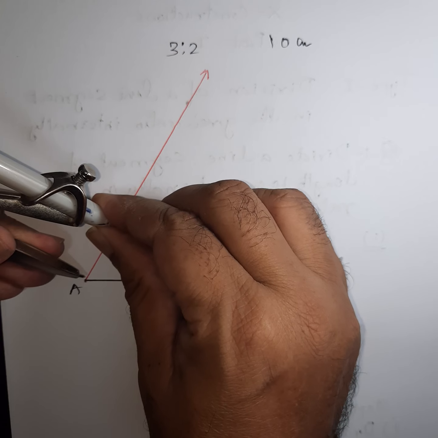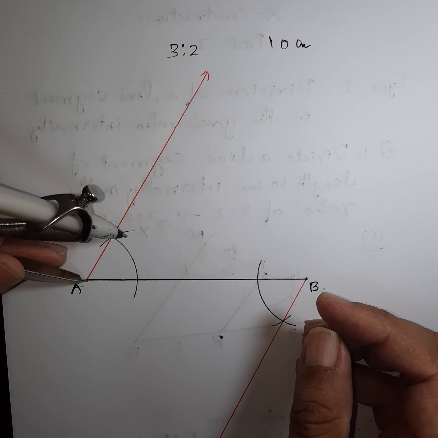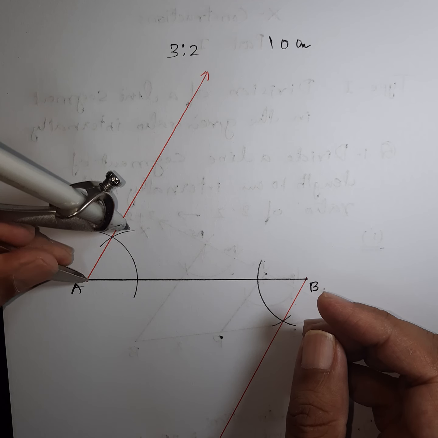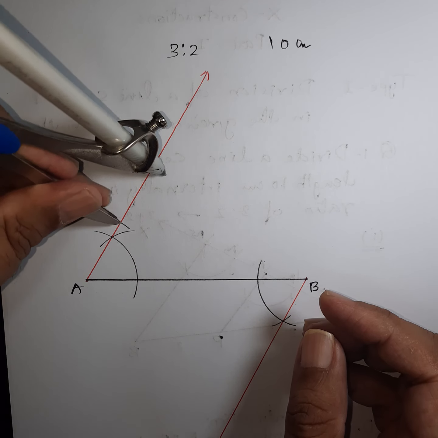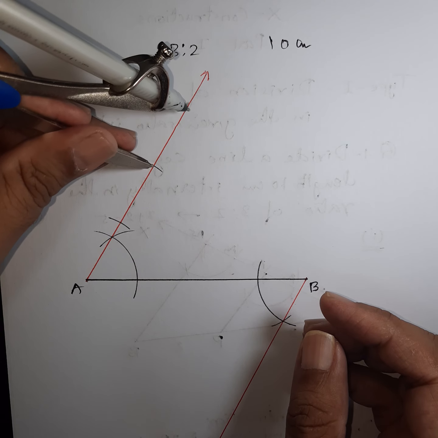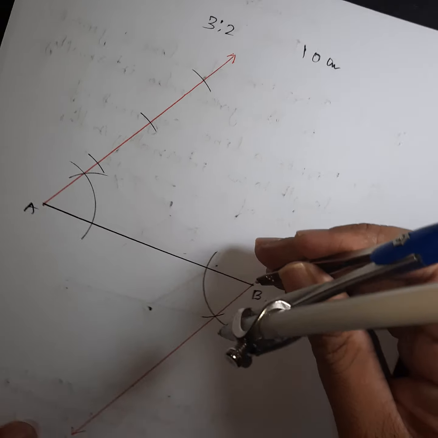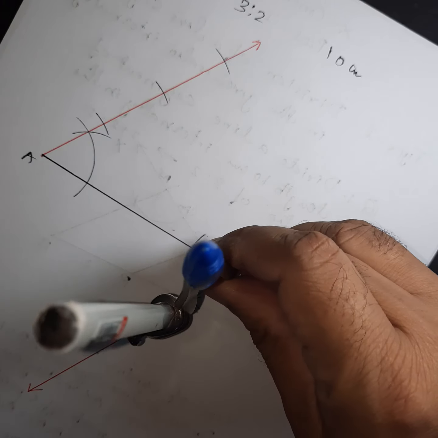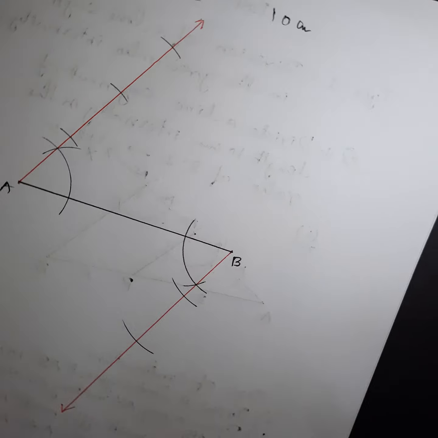You can increase somewhat, because you need to draw only 3 parts. So we have increased somewhat. This is the final length: 1, 2 and 3 parts, and here we will divide it into 2 parts, 1 and 2.